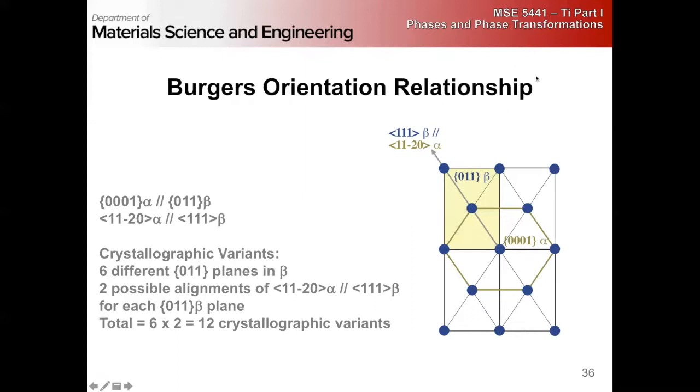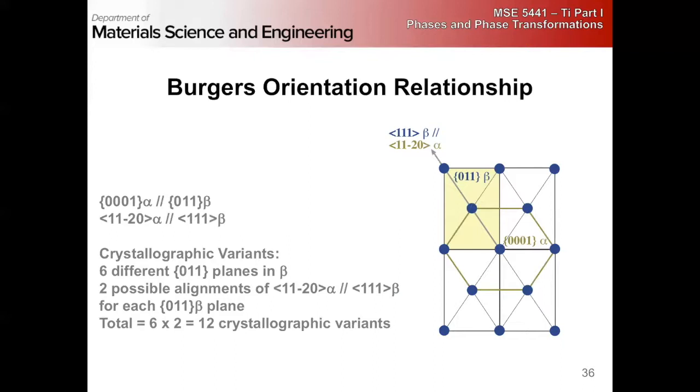All right. Or I should say 12 variants. You have 6 {011} planes in BCC and 2 possible arrangements for <11-20> to <111> directions.